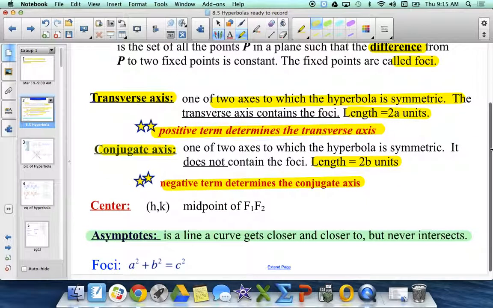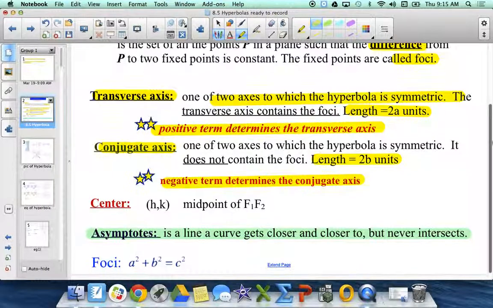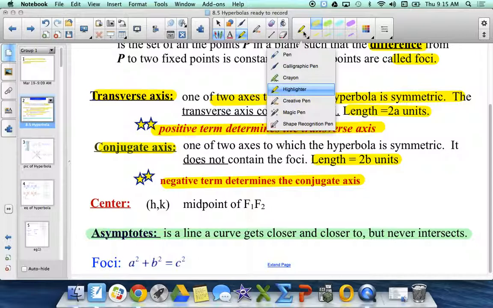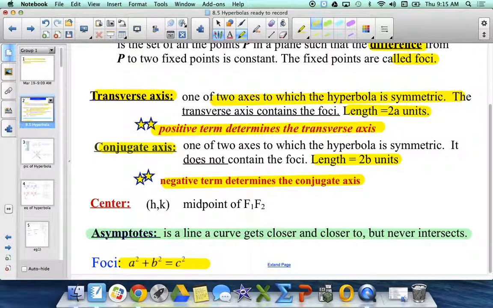The center is h, k. It is the midpoint from foci to foci. We also will be having asymptotes, which are lines the curve gets closer and closer to but never intersects. The equation for the foci is a squared plus b squared is equal to c squared.